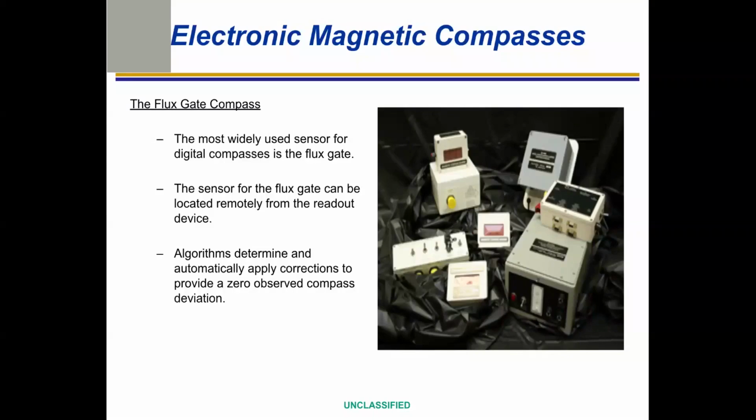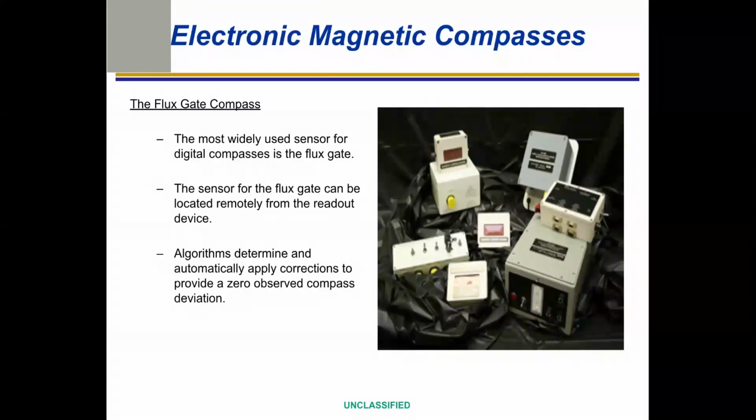So many ships will have their DFGMC sensor located on the mast or a yardarm. And this is going to be beneficial because it's going to be the furthest point from the magnetic field of our ship. That's going to decrease the impact that deviation has on the sensor itself, while still giving us the benefit of being able to read the magnetic heading from a central location like the bridge.